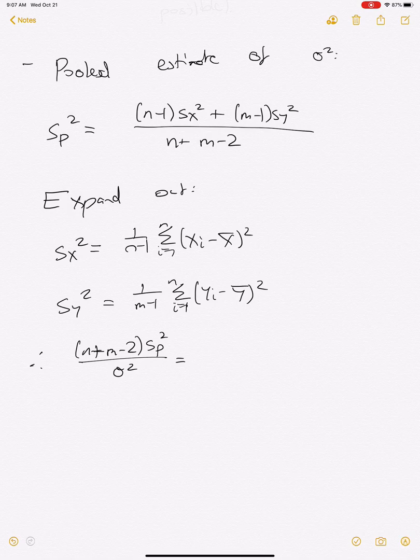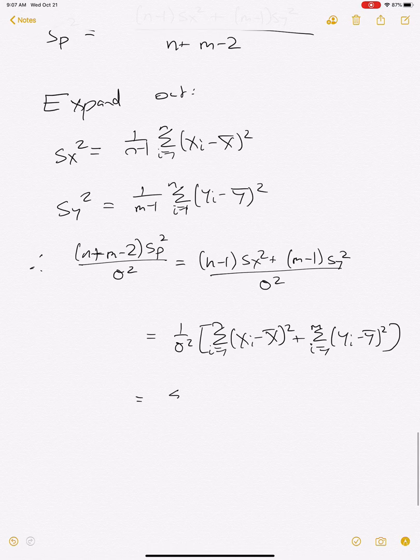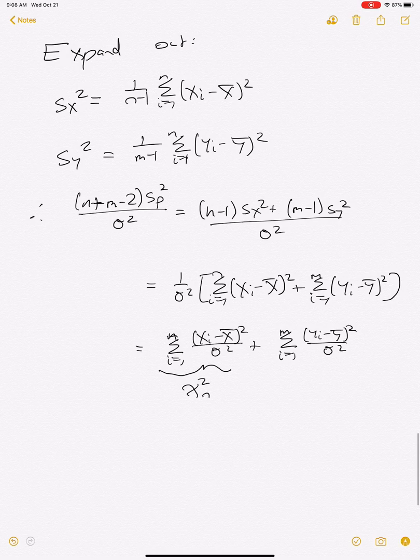That's going to equal n minus 1 sx squared plus m minus 1 sy squared, all divided by sigma squared, which is equal to 1 over sigma squared and then summation plus, and so this, as we know, is, okay, and we know that this is chi squared n minus 1.